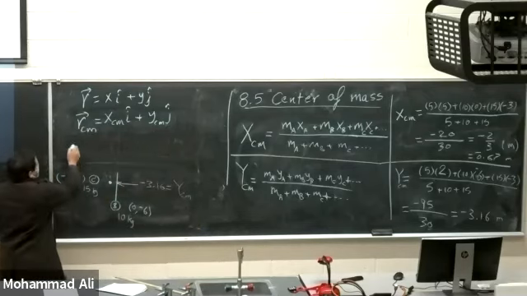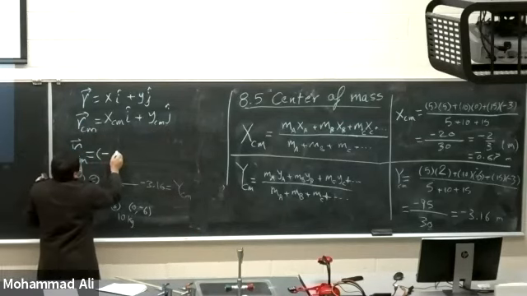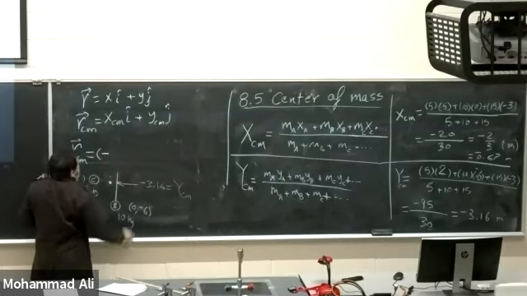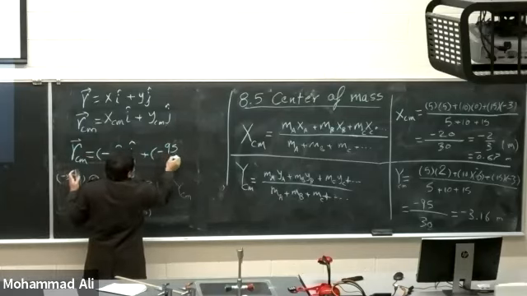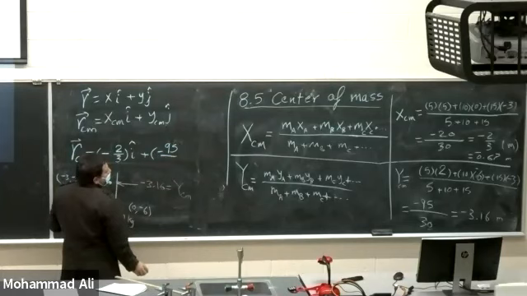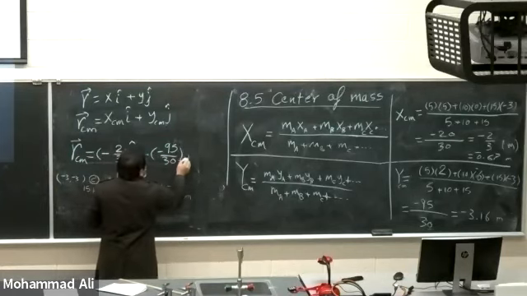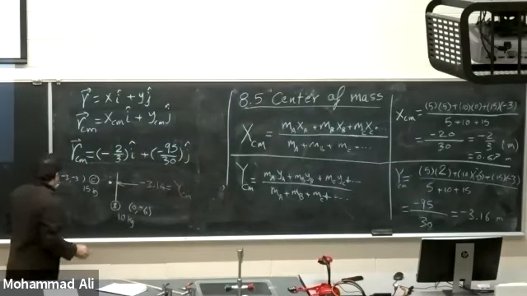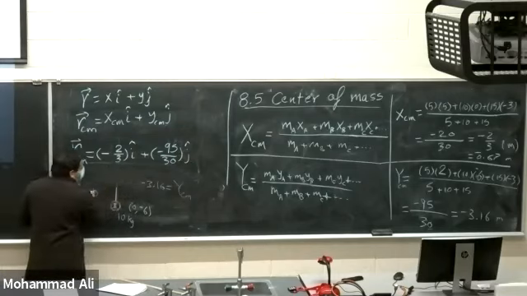So in our example, R center of mass is equal to negative, over how much? 30. Right? This is the position vector for our system.